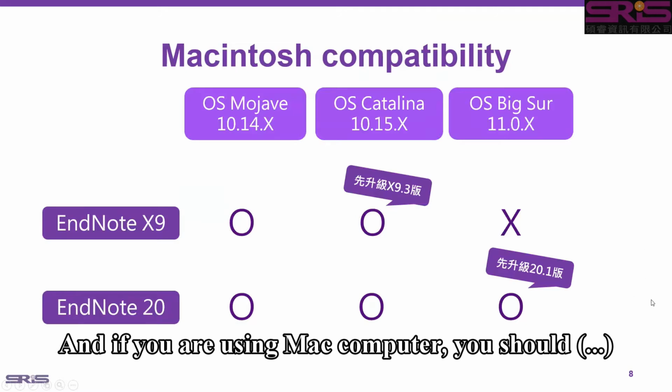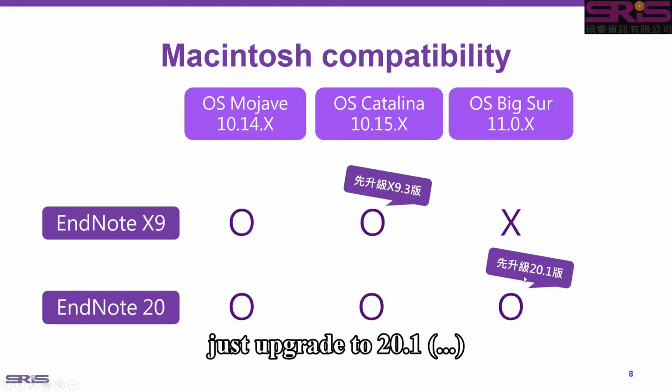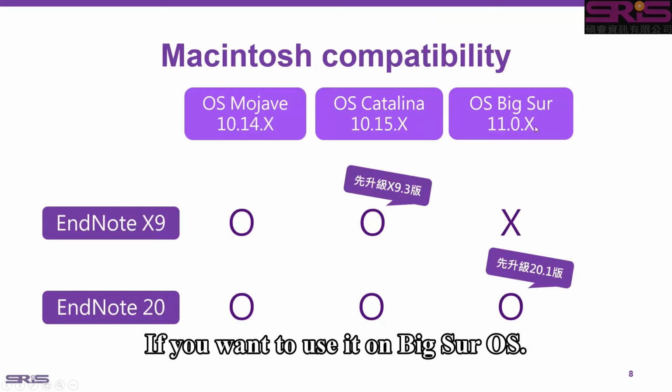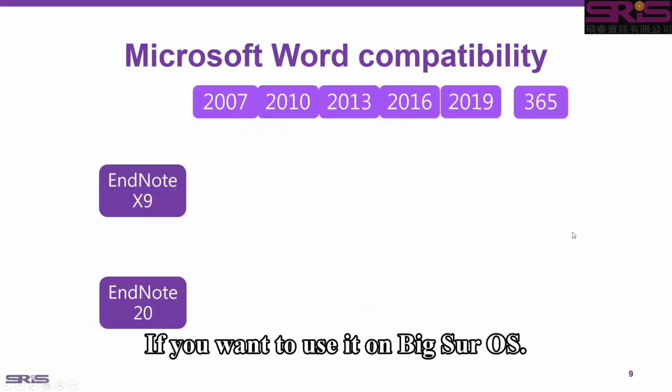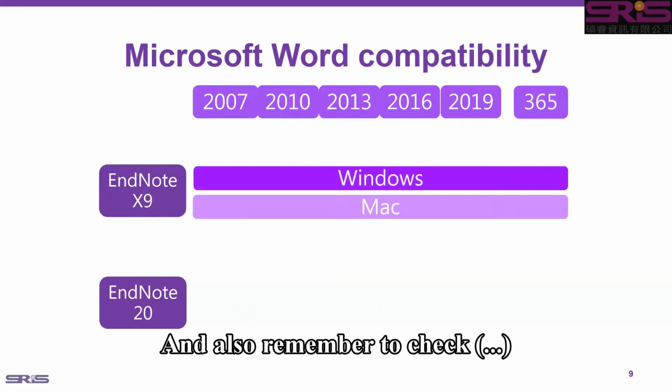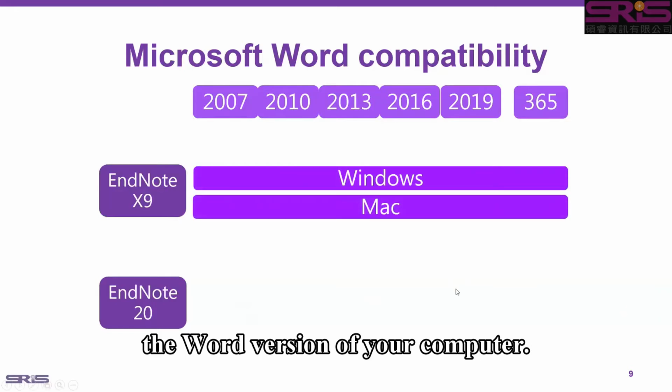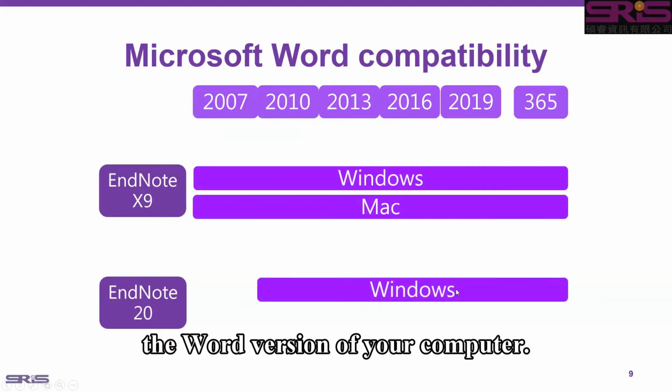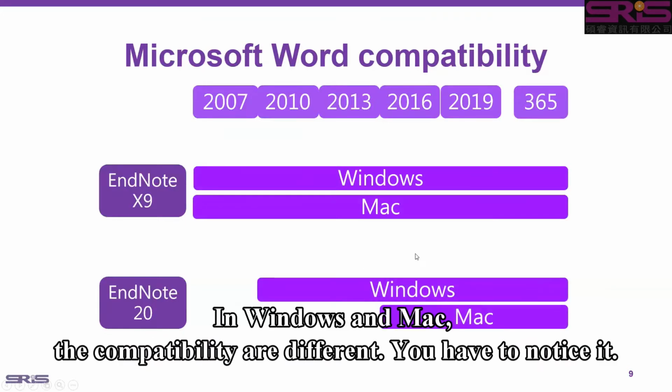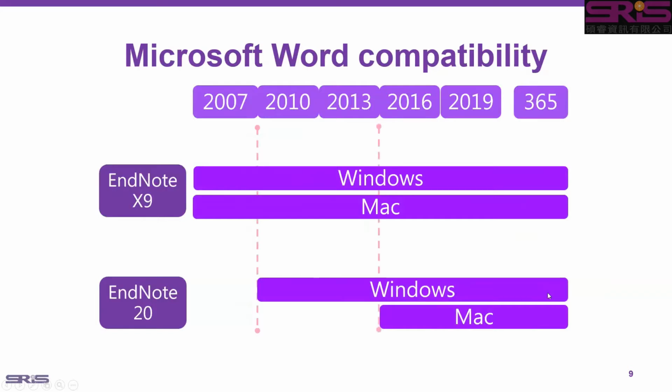If you are using a Mac computer, you should upgrade to 20.1 if you want to use it on Big Sur OS. Also remember to check the Word version of your computer. In Windows and Mac, the compatibility is different, so you have to notice it.